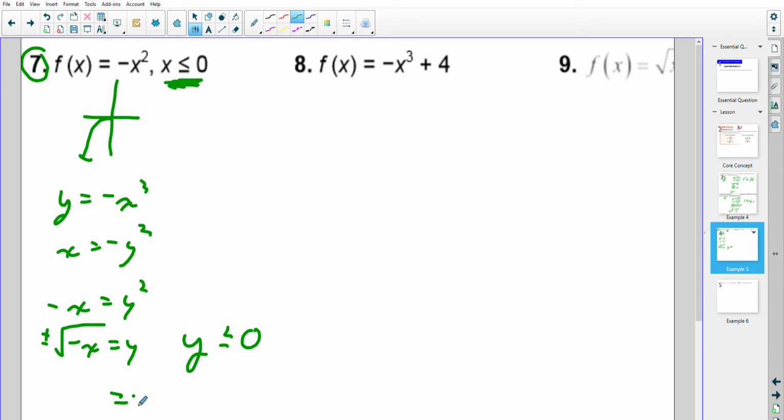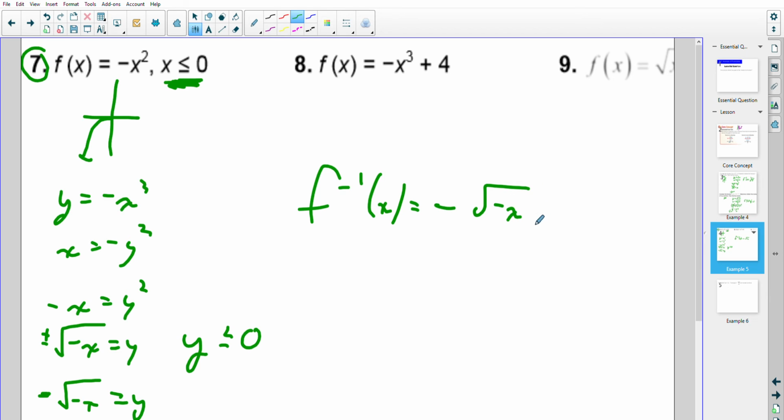That tells me that my y has to be that negative now. So my f inverse of x is going to equal a negative square root of negative x. Why? Because all of my y's are now going to be negative when they come out. So that's y is less than or equal to 0.